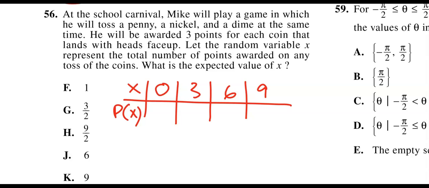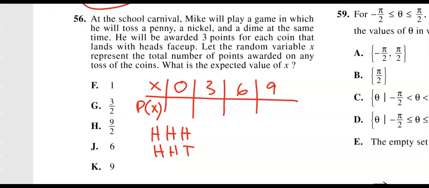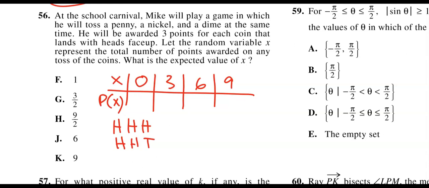Okay, this does require you to know the probabilities. Maybe we should just write out the outcomes: heads, heads, heads; heads, heads, tails; heads, tails, heads; tails, heads, heads. We could also do this with 3 tails.